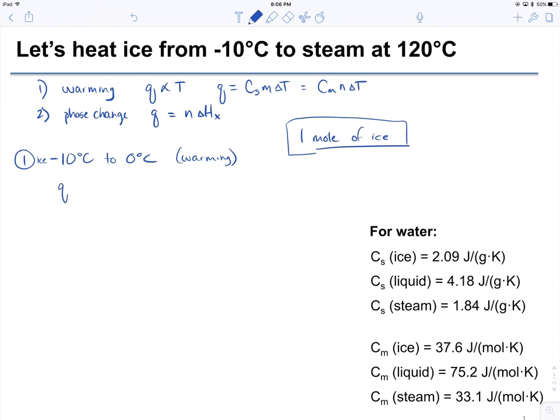So we start solving. Q1 is equal to, since we're dealing with moles, we'll deal with the molar heat capacity, 37.6 joules per mole Kelvin. And remember that Kelvin and degrees Celsius can be interchanged here because 1 degree Celsius is equivalent to 1 Kelvin in terms of the change of temperature.